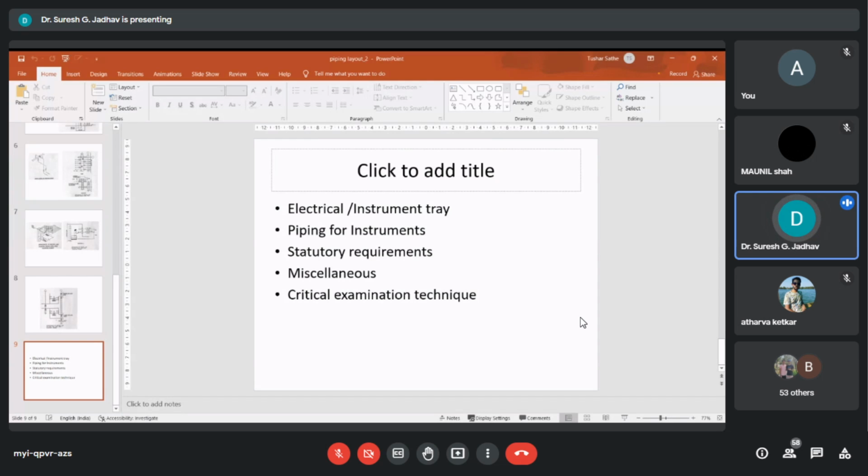The layout designer should familiarize himself with the law of the land while planning the equipment and piping arrangements, as per the different criteria. We'll see, first one is the Factory Act 1948, the Petroleum Act 1934 and the Petroleum Rules 1976.